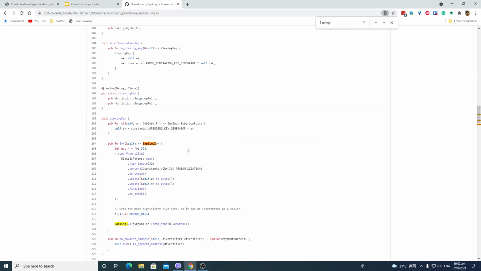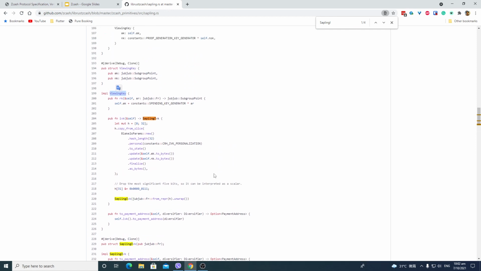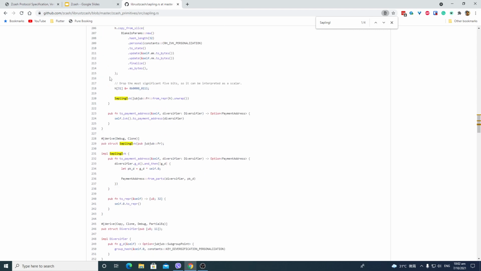Yeah, this represents a viewing key, and in the viewing key you can get the IVK out of it. I'm not going to get into too much detail, but that's something you may have to look into if you want to work in higher detail. So definitely this guy is very useful. Why it's not showing anything anymore is beyond me.